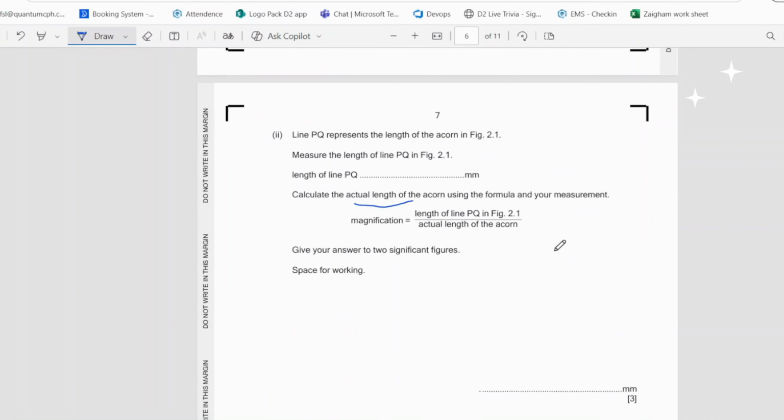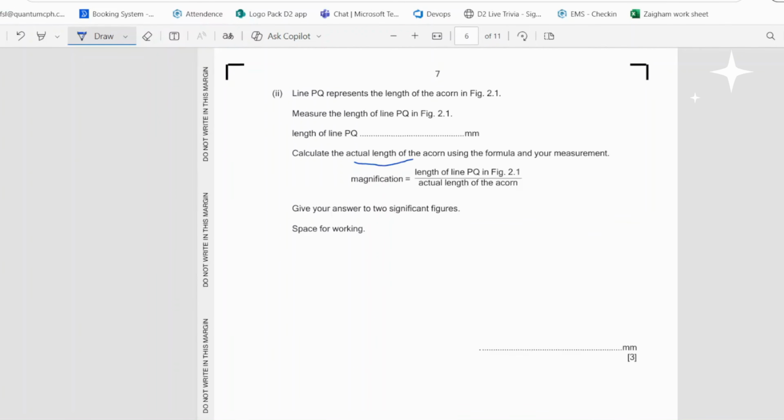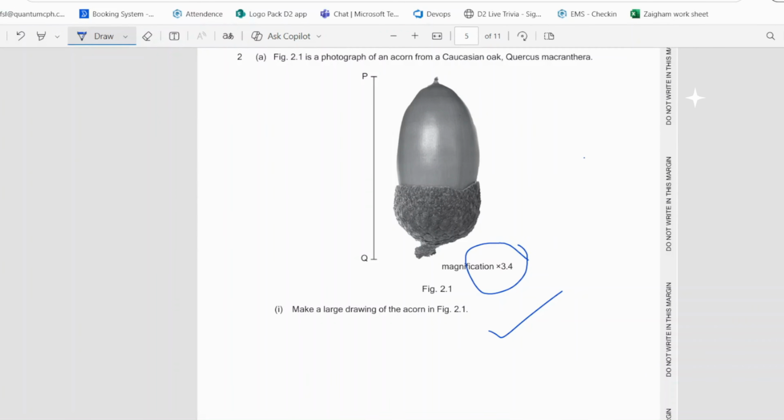Okay. Wait, no, we don't need it for the diagram.